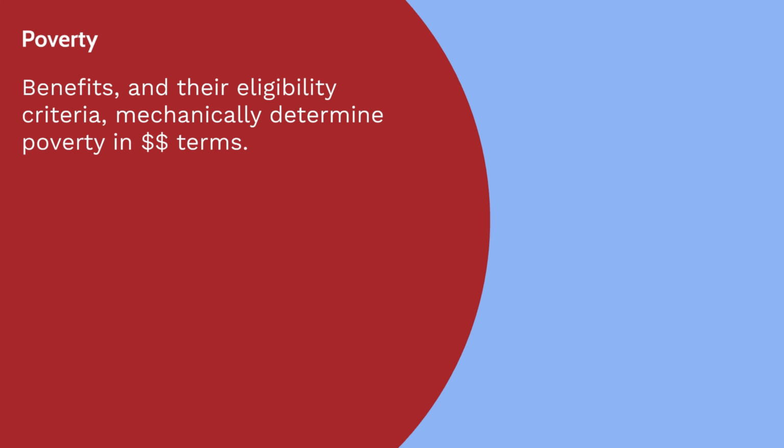So, we know with something like poverty that benefits and their eligibility criteria will mechanically lower poverty in dollar terms. If poverty is defined in terms of the number of dollars people have available in order to consume at a point in time, then we know that paying people more money, giving them more money, will lower poverty.